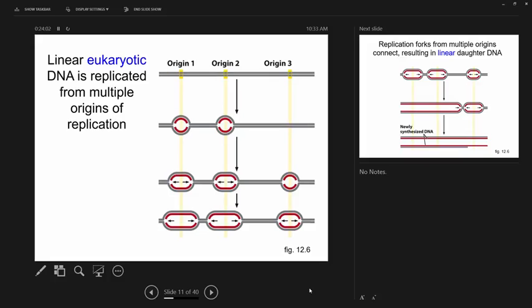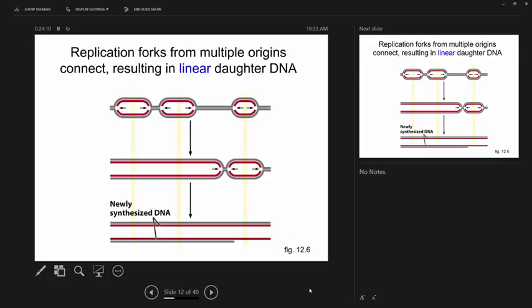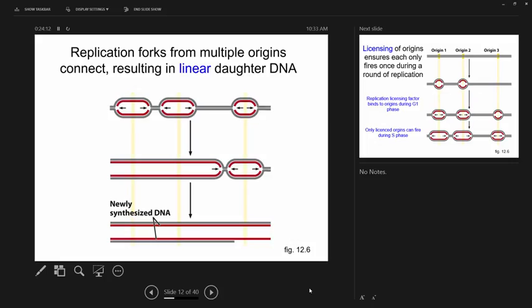Now this one's got a late start, but there it goes. And so each of these replication forks are moving toward each other until the replication bubble eventually pops. Like when these two come together, now it's all open. These two come together, now it's all open, right? And you get two new DNA molecules there.